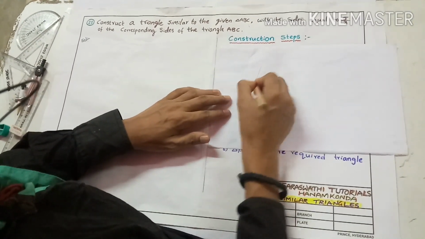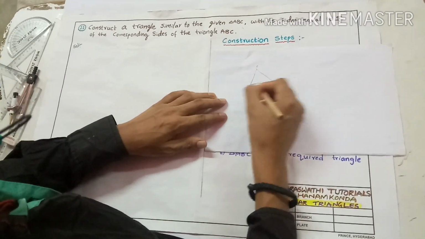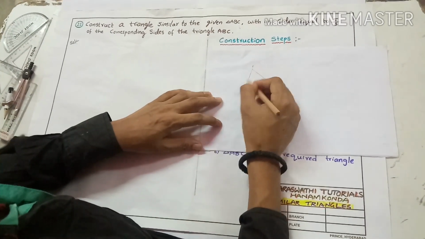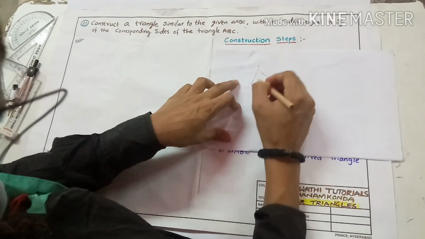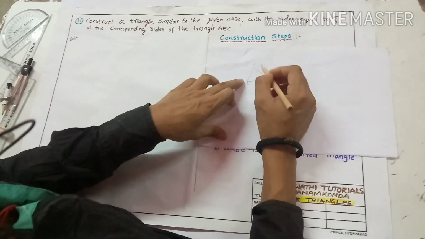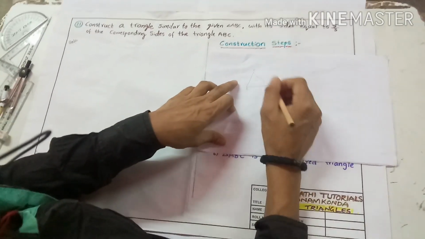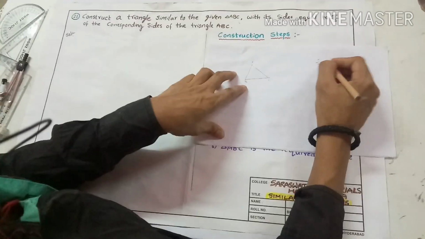First we have to construct a triangle ABC of any measurements, because measurements are not given in the question. To this triangle, we have to construct another new triangle with its sides equal to 5 by 3 of the corresponding sides of the given triangle. That means the ratio of the new triangle to the old triangle is 5 by 3.